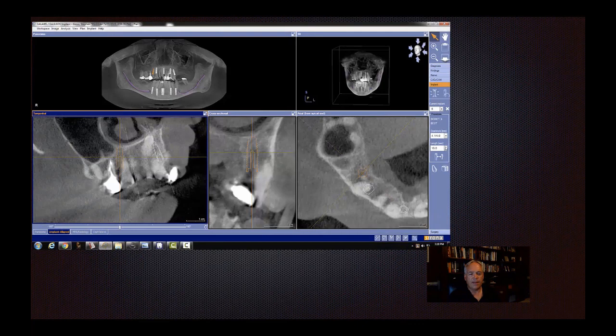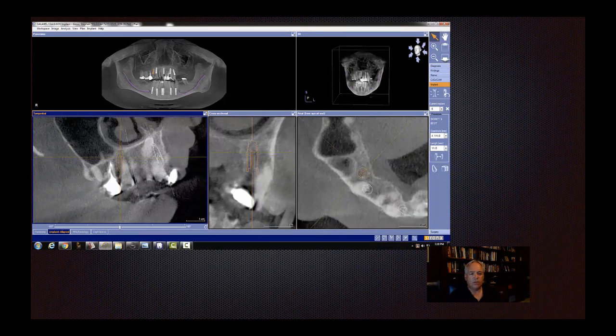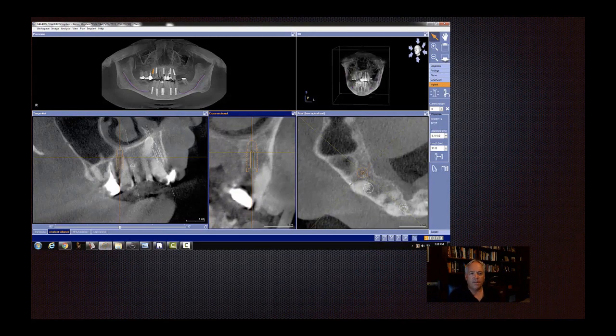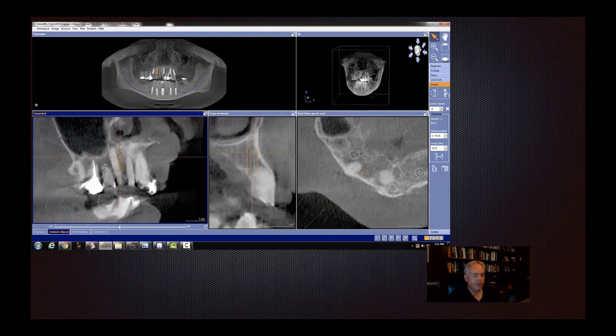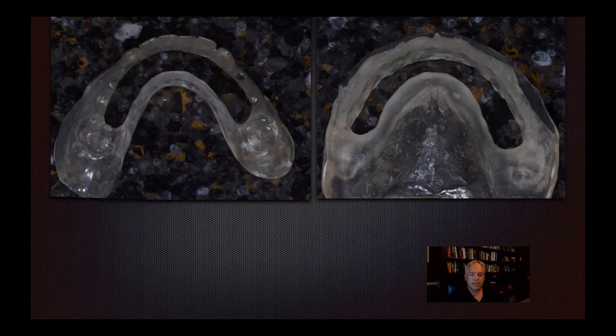Plenty of room both in depth and width, even with the amount of bone reduction we were going to need to do. This allows us to do our immediate denture and, on the day of the surgery, transition to an immediate load prosthesis.